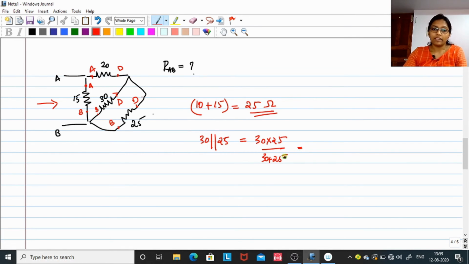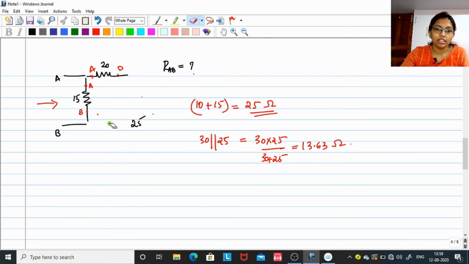Okay, and the value is about 13.63 ohm. I can have the replacement here also, because 30 is connected parallel to 25, it can be replaced with 13.63 ohm. After drawing the resistor, please have the markings also. This is B and this is D.